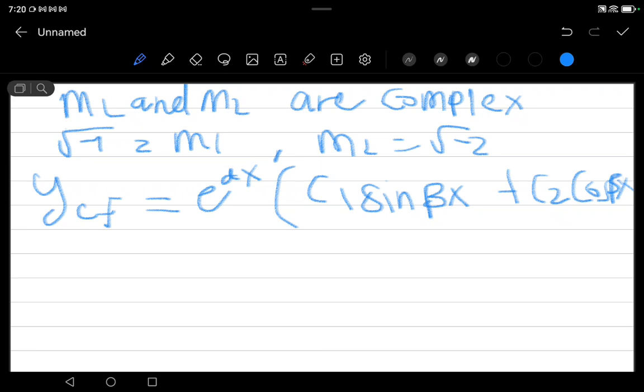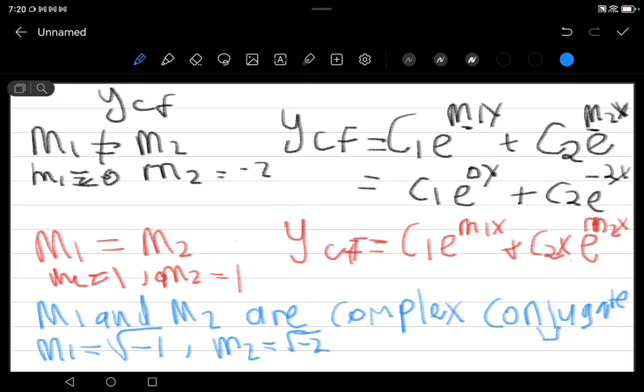This is how the complex conjugate complementary function is going to look.